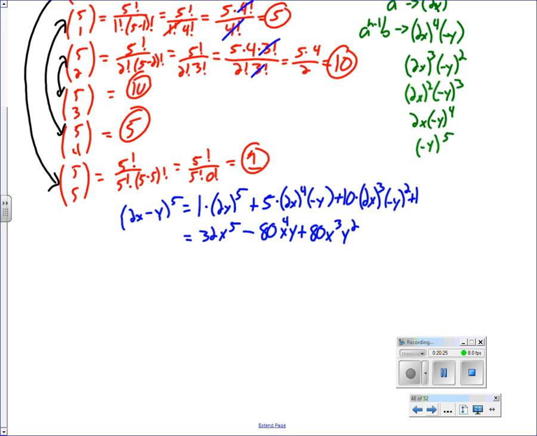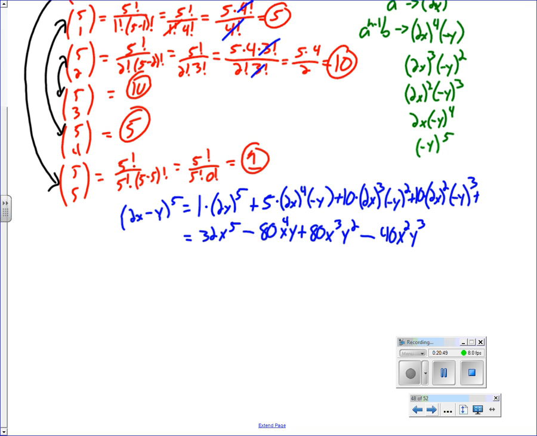The next term will also have coefficient 10. Powers will be 2x squared negative y to the third. So negative y to the third will be a negative. 2 squared is 4 times 10 would be 40, so I'll have minus 40 x squared y to the third.